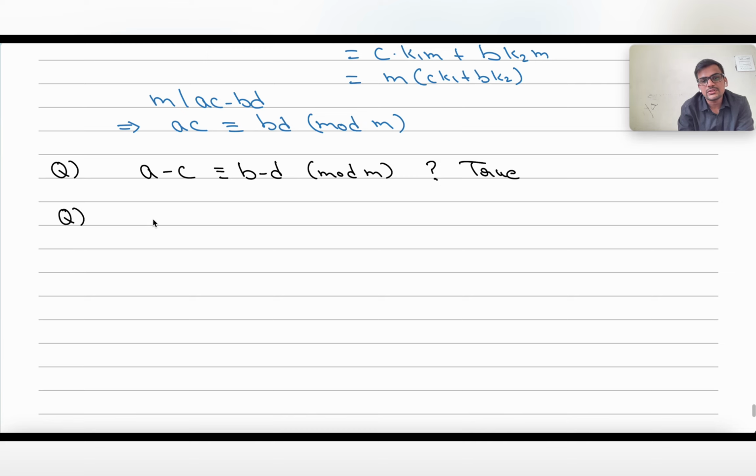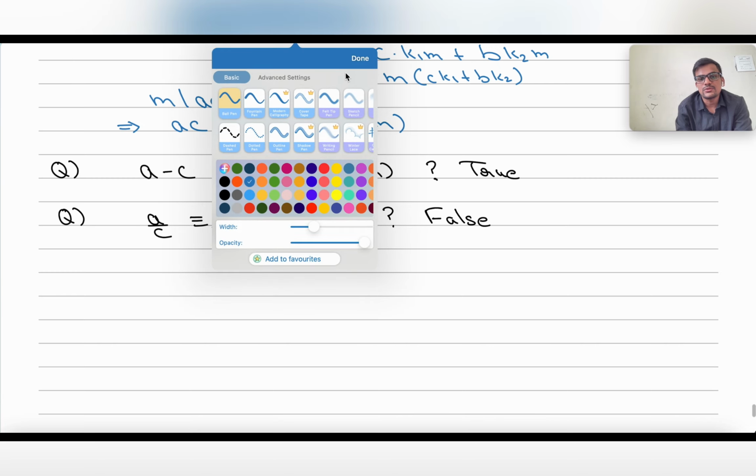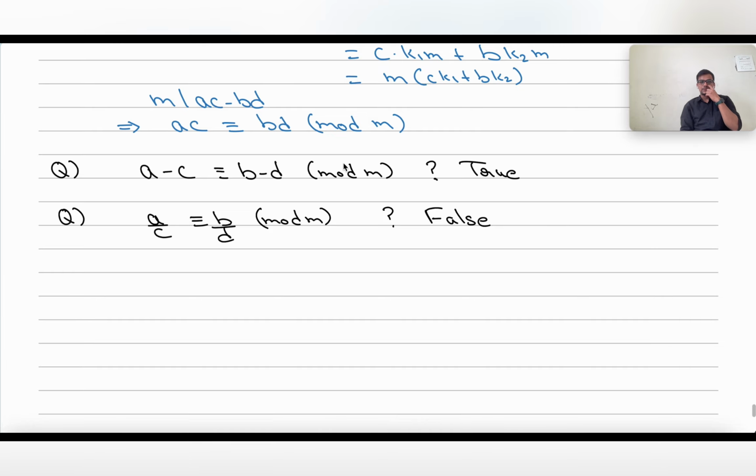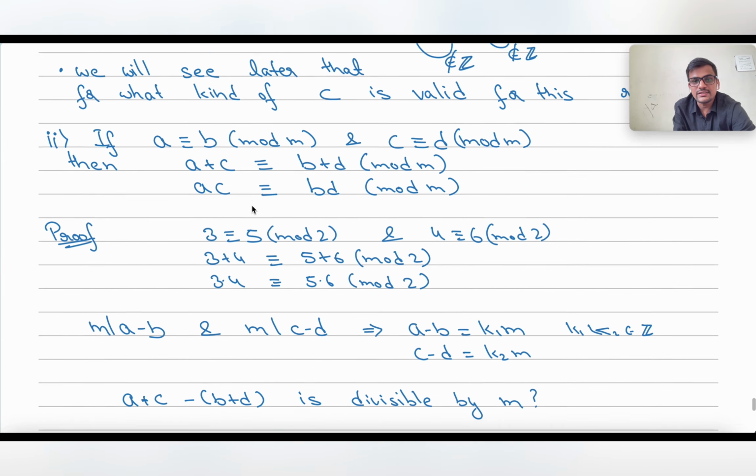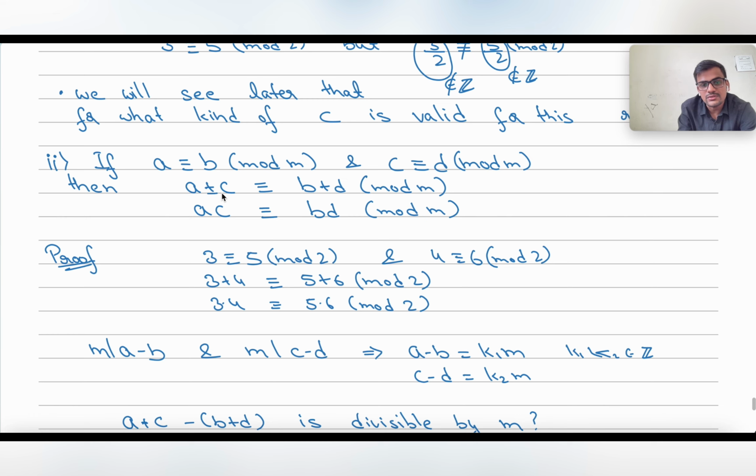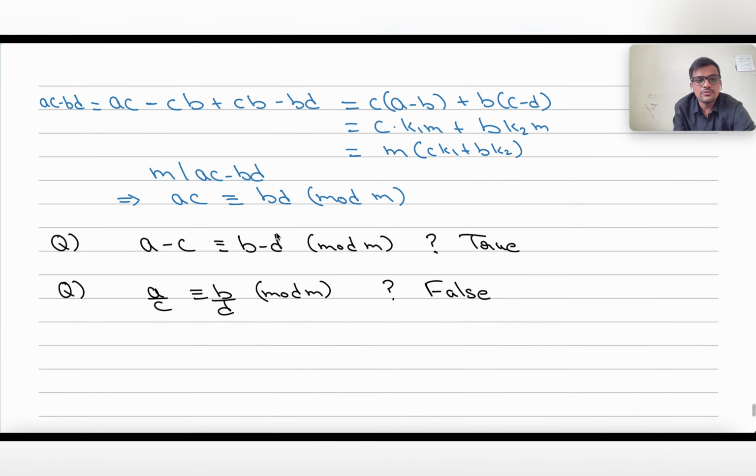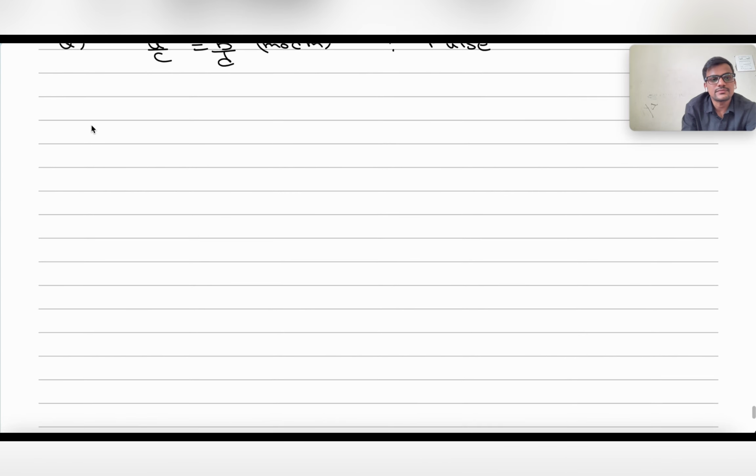And if I ask whether A by C is congruent to B by D modulo M, you verify that it is false. So these are two homework problems for you. Because subtraction is true, I will generalize this result for minus also. This is true for minus also. Fine.